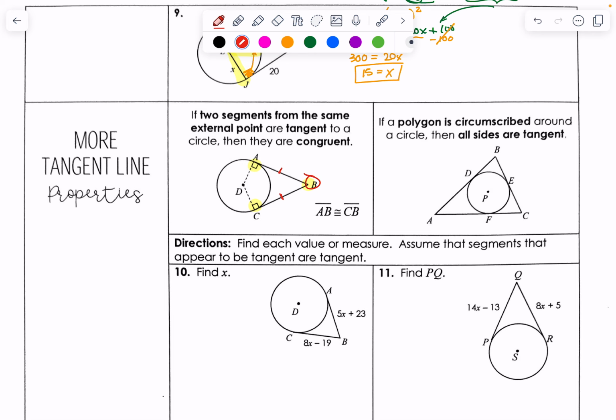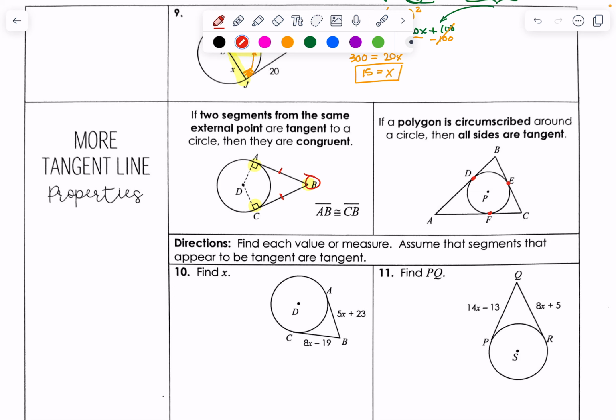The second property is if a polygon is circumscribed, that means drawn around a circle, then all the sides are tangent. So because it is drawn around, each one of these points, D, E, and F, are points of tangency, and all the sides are tangent.